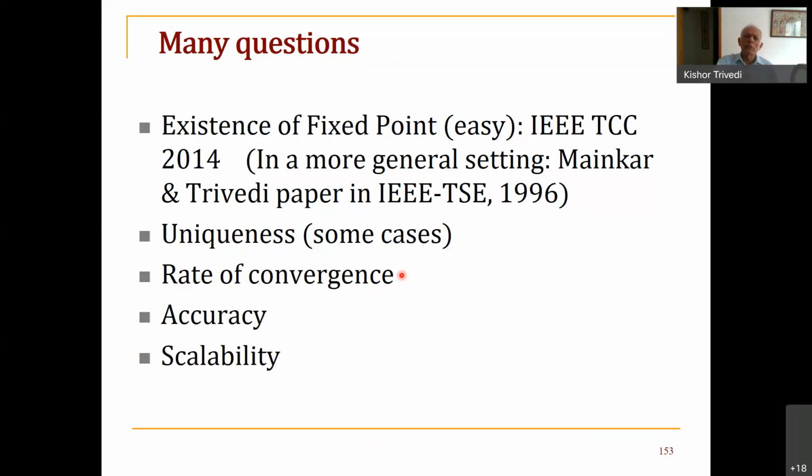And so there are many questions, and I would like to see many more PhD theses devoted to this topic of fixed point iteration in reliability, availability, performance, performability, survivability, resilience modeling, security modeling.